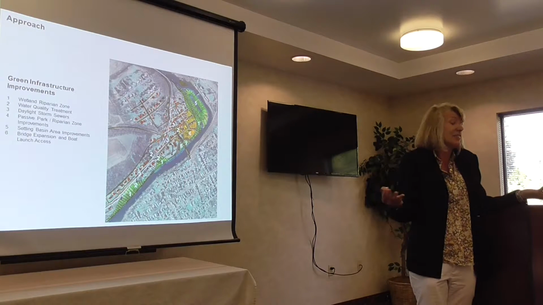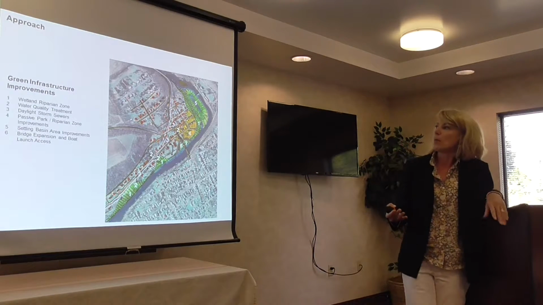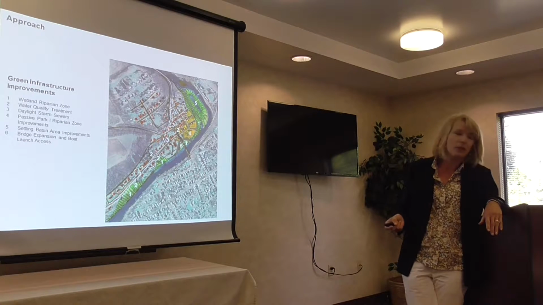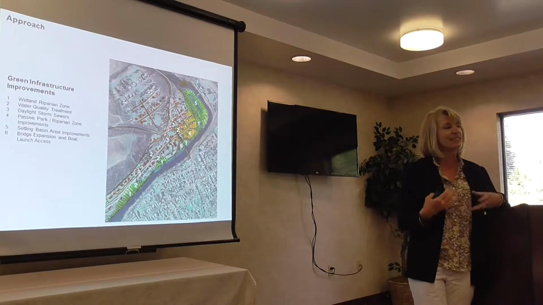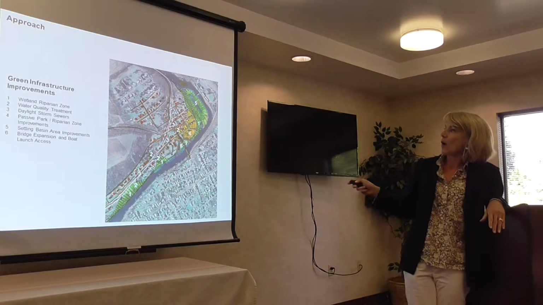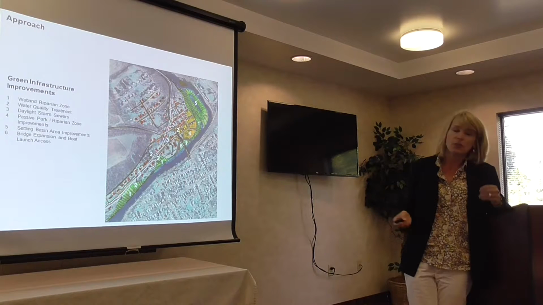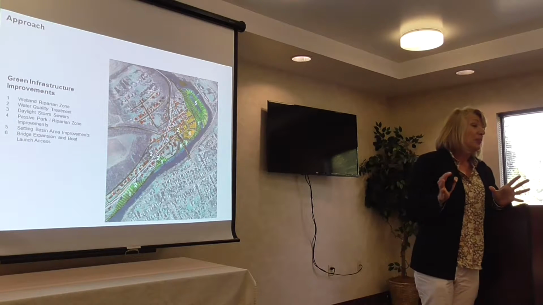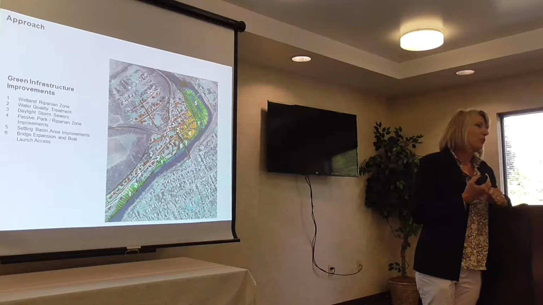We can't just ignore that. We really needed to look at what is happening with the water that's flowing through here during major storm events, and then consider that in our approach to the green infrastructure. So one of the big things that we told this community was we will not be able to fix your flooding issues.